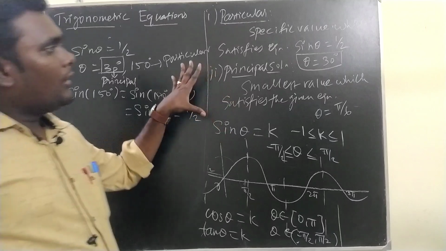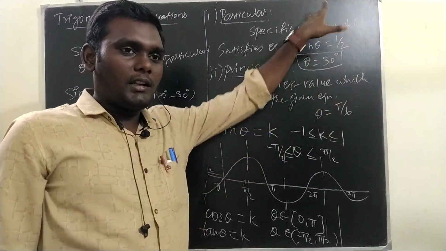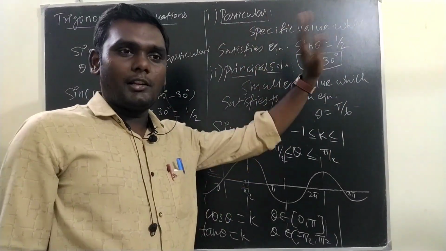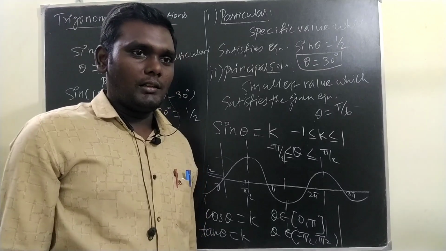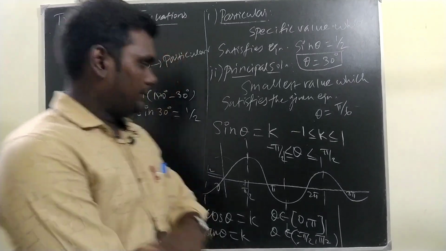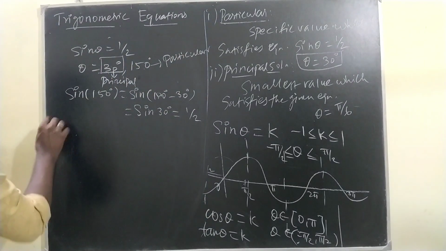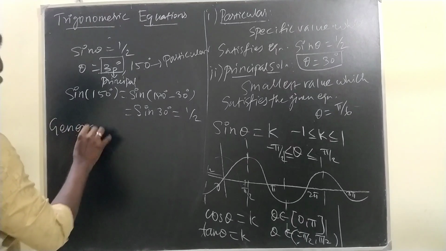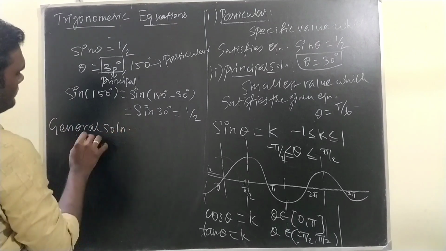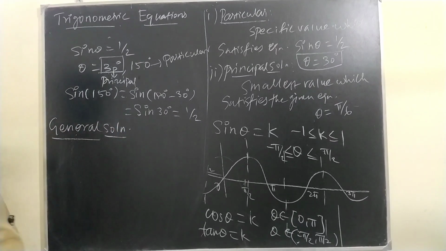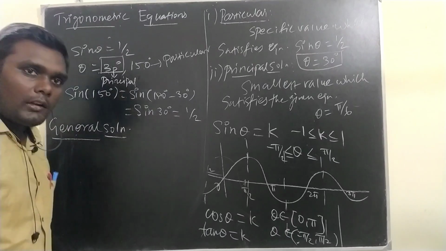So we can say all the principal solutions are particular solutions, but not all the particular solutions are principal solutions. Got it? And next, we'll move on to the general solution. You understood or not?